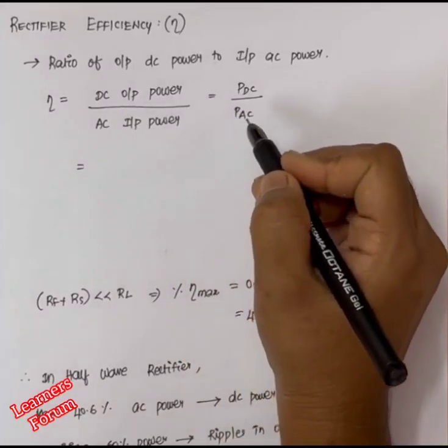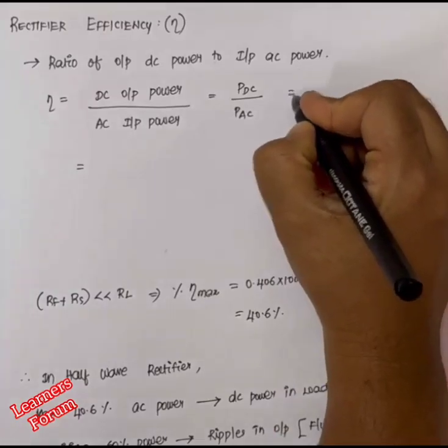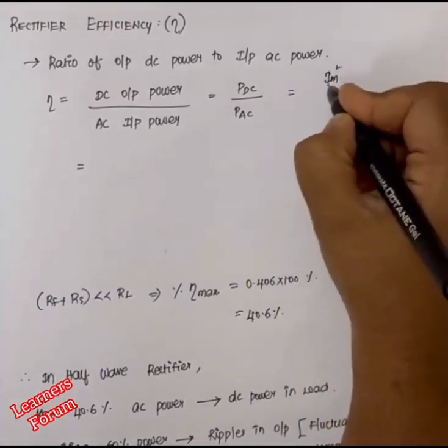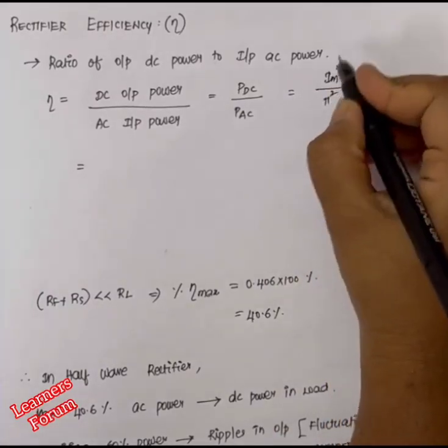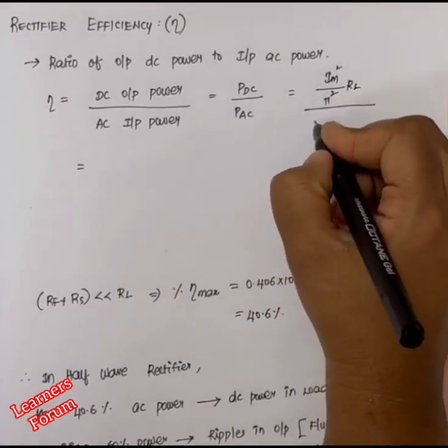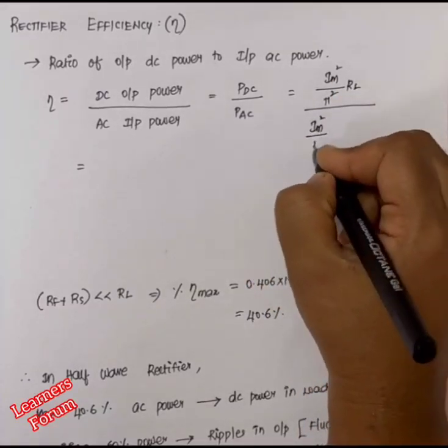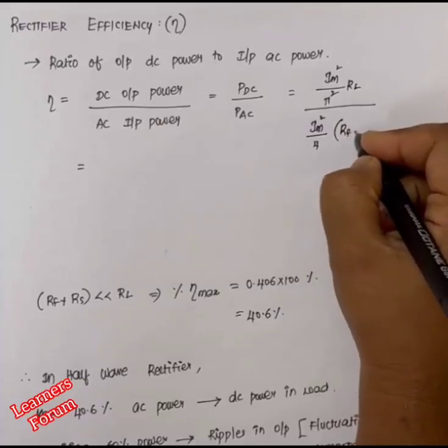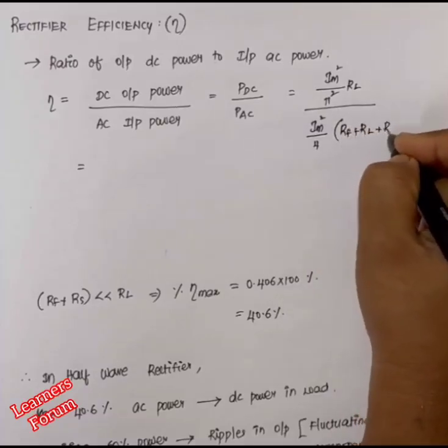So the value of PDC is Im square divided by pi square into RL, divided by the value of PAC, which is Im square divided by 4 into RF plus RL plus RS.